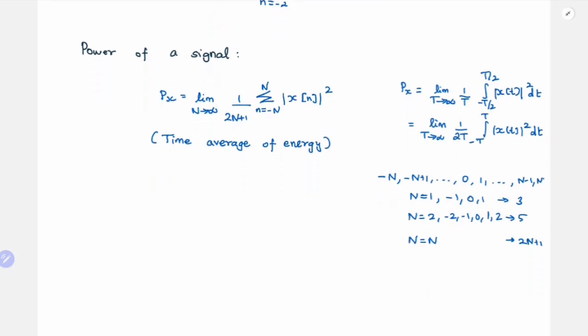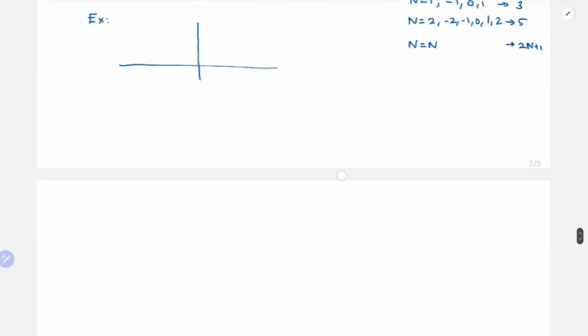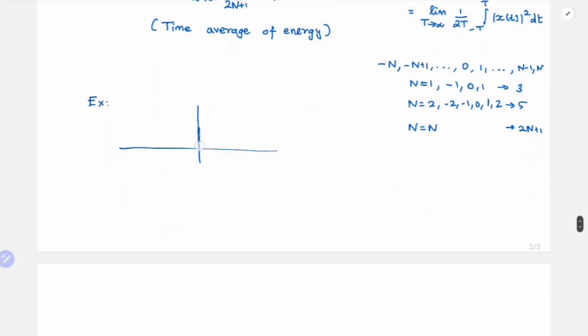So let us try to see some examples. Let us take a simple one. So let's say this is 4, 4, 4 at 0, 1, 2, and everywhere else it is just 0.